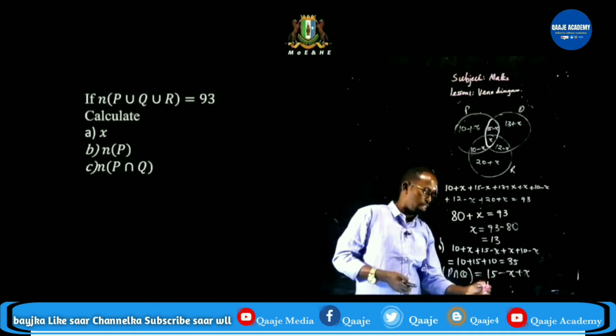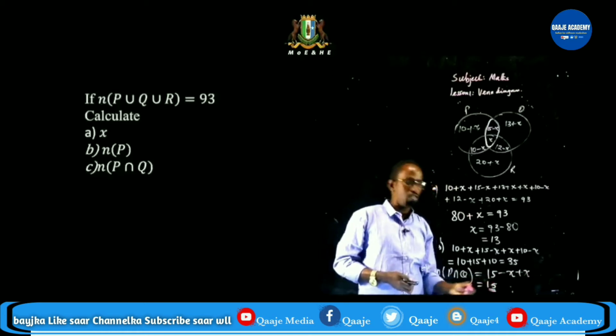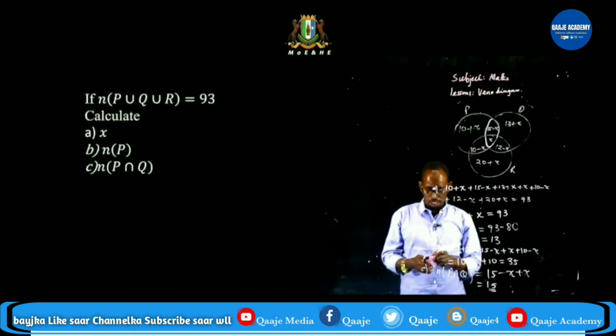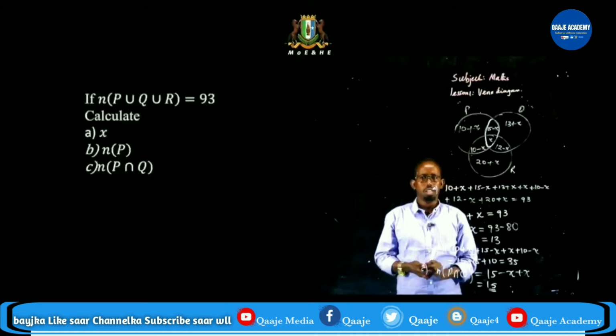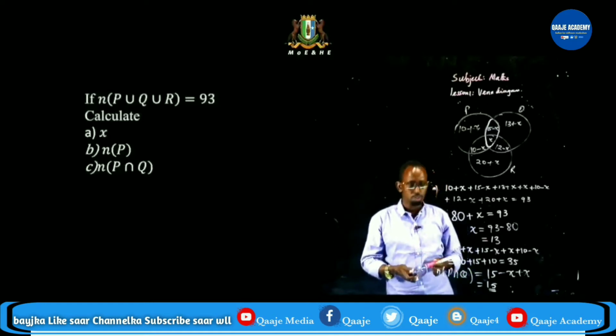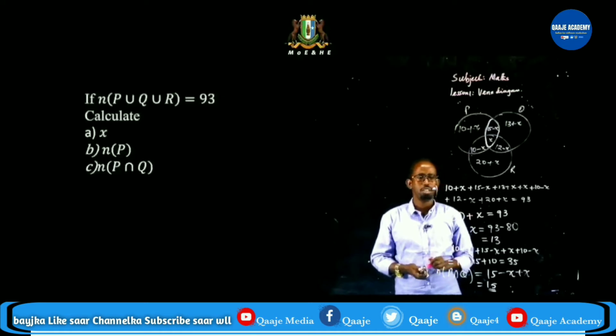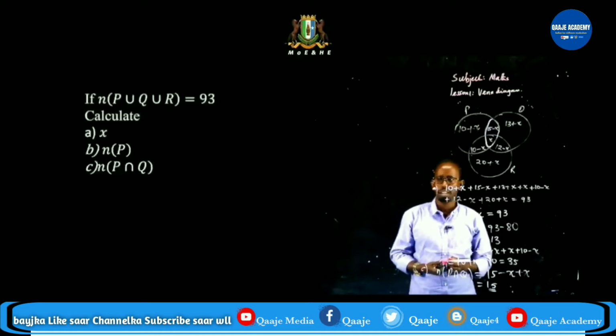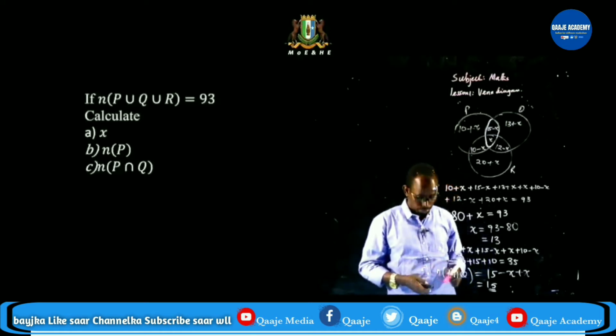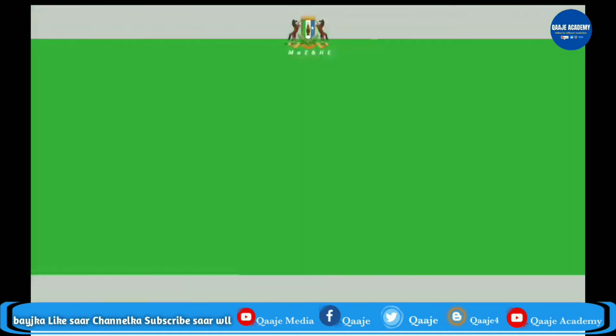So therefore the intersection is equal to 15. That is now the last question we were supposed to discuss today. So I request the students to do the exercise on the link below.